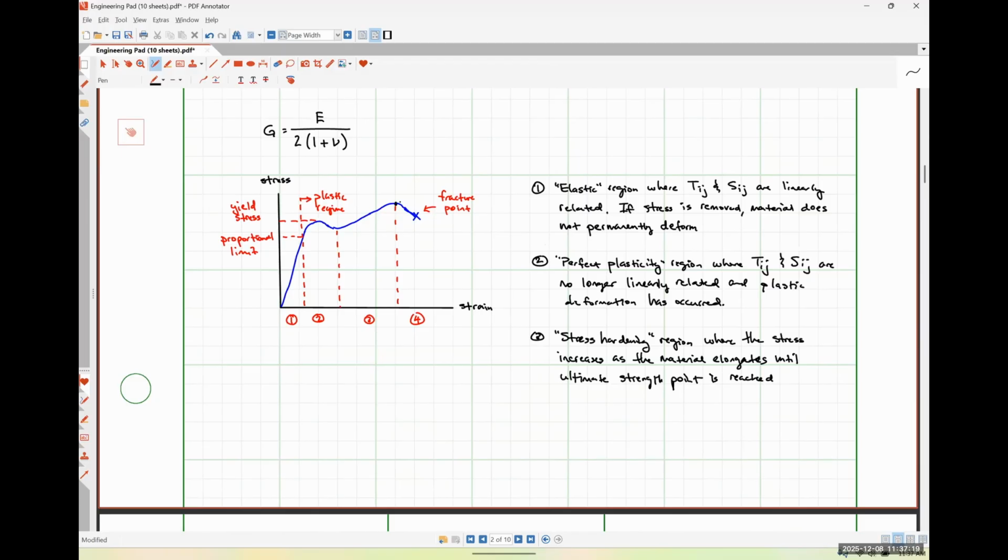Which would be this point right here. So the maximum amount of stress that we can get. And then we'll see that beyond this point is the necking region.